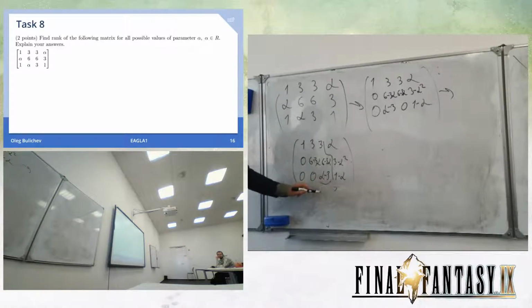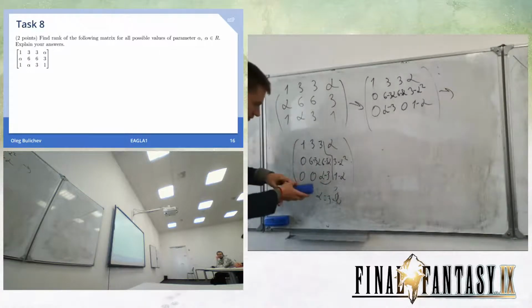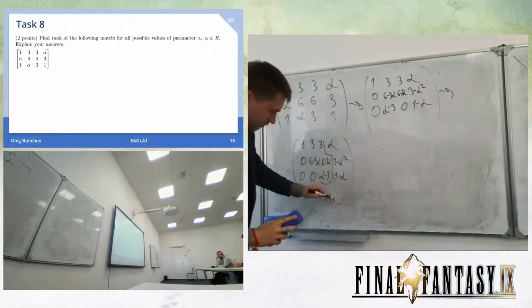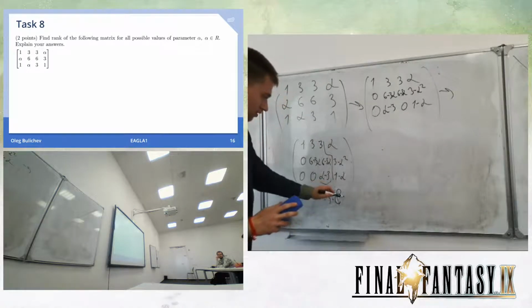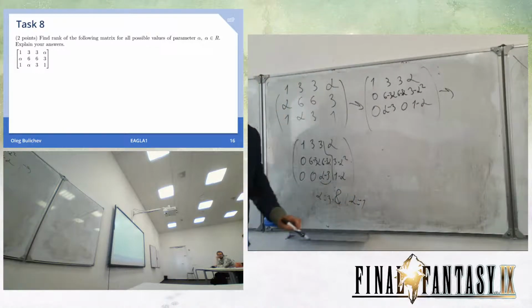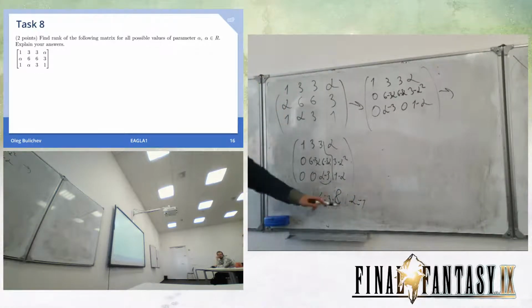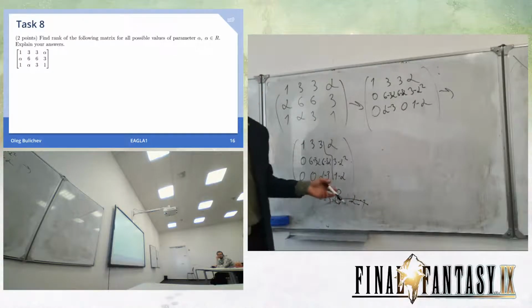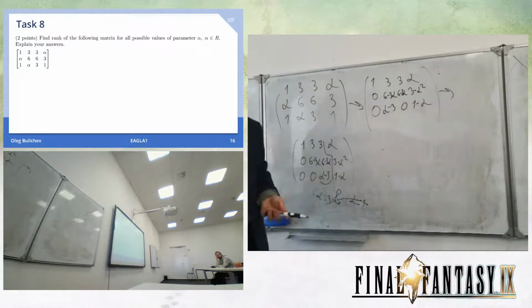So in our case, alpha should be equal to 0 and simultaneously equal to 1. Can it be? No. So the max rank is 3 despite of alpha. Just boom boom.